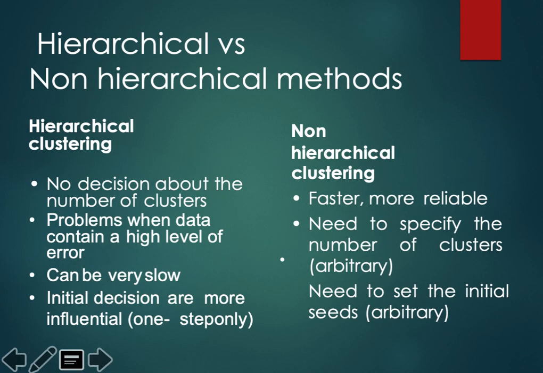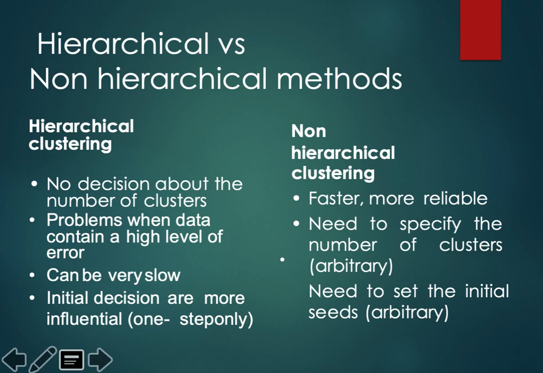In comparison, hierarchy clustering, basically there's no decision about the number of clusters. Problem when data contains a high level of error, can be very slow. Initial decisions are more influential and one step only. Basically, data are being clustered in, for example, a tree diagram.